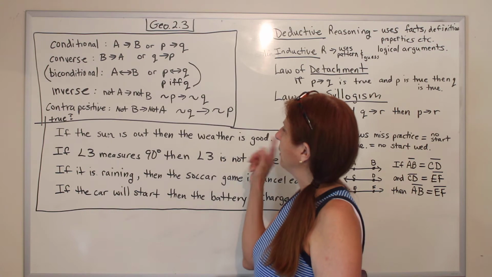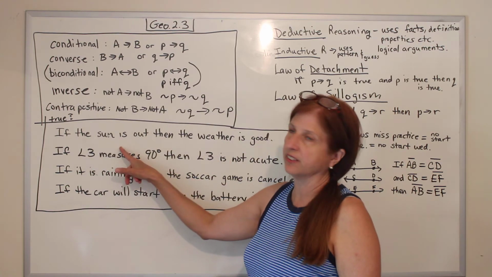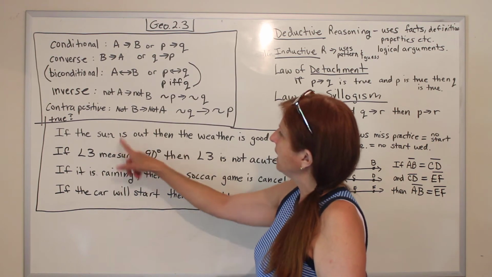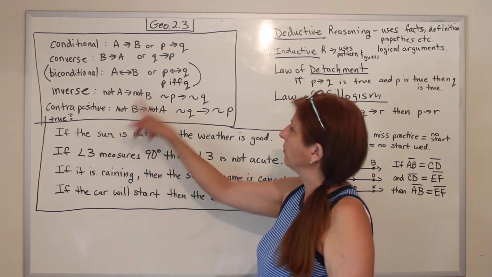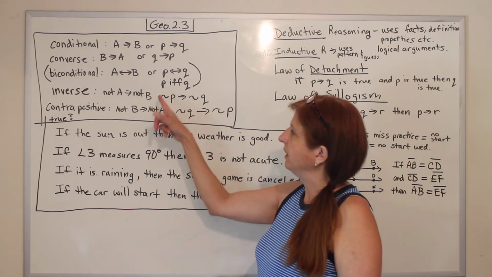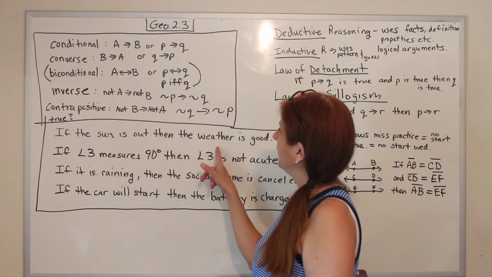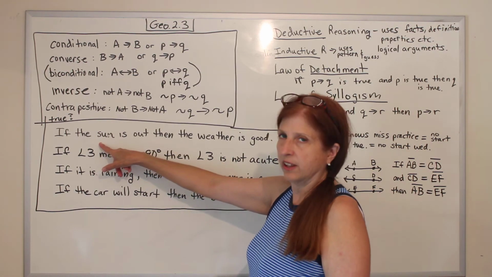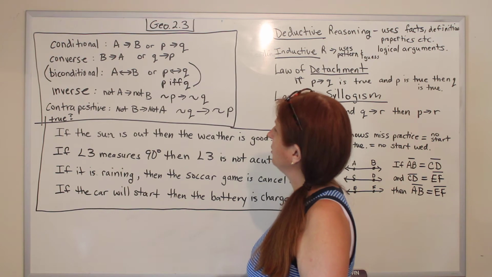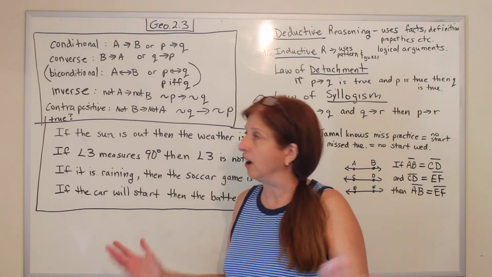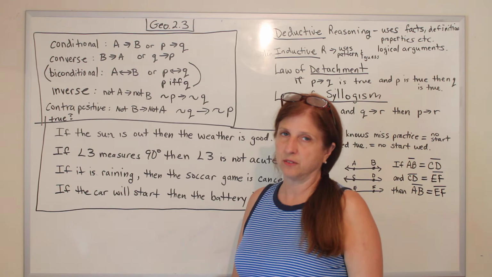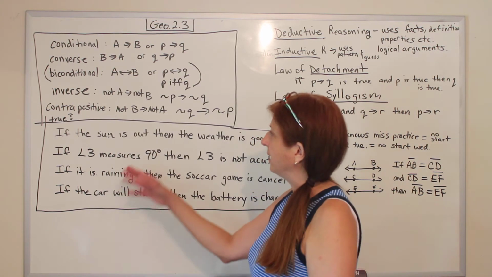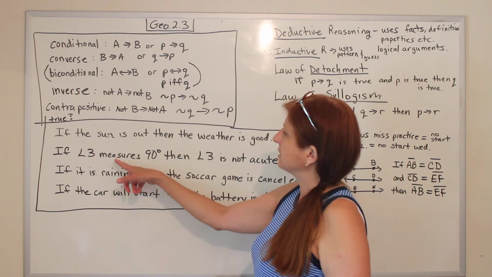Or you could say it, the weather is good if and only if the sun is out. The inverse is, if the sun is not out, then the weather is not good. And the contrapositive is, if the weather is not good, then the sun is not out. Now, is that true? Depends on if you like rain or not, right? And I think weather can be good if it's raining, if we have a big drought and we need rain, but there you go.